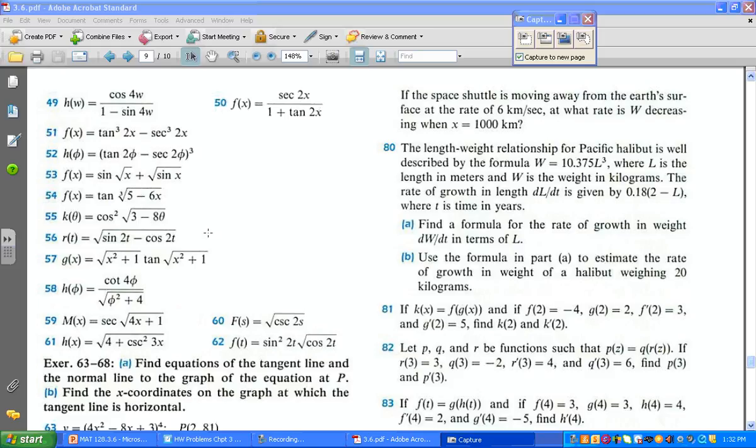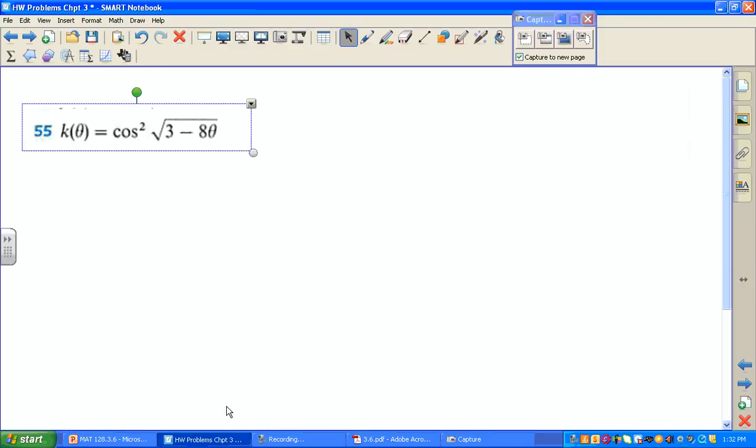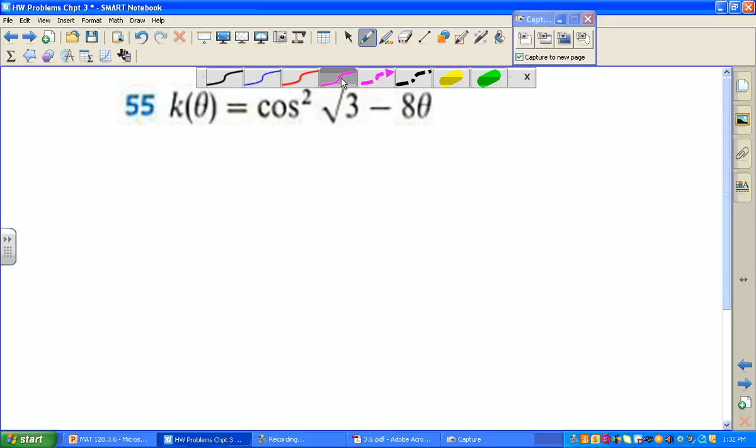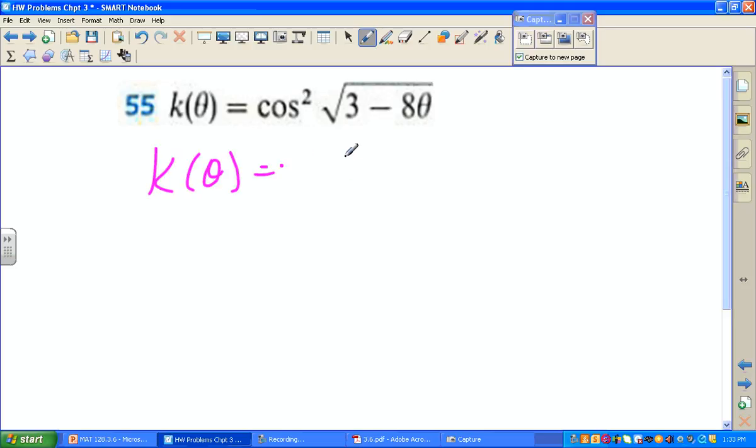All right, here's a known fact. This question is missed a lot because students do this. They write k of theta equals cosine of theta, or cosine of the square root of 3 minus 8 theta, squared. The whole thing is actually squared.